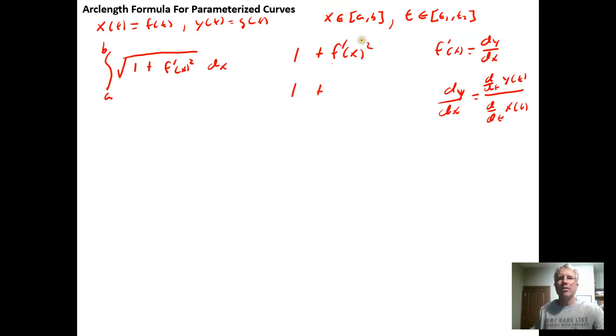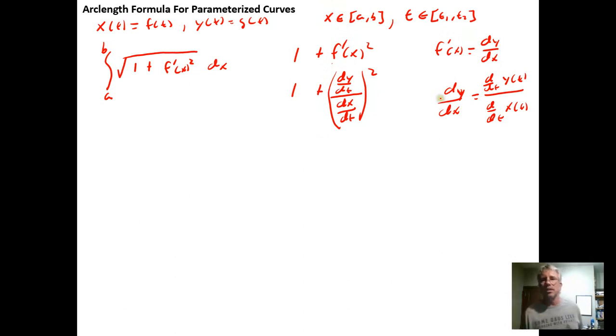I could rewrite this using the parametric form of the derivative as dy/dt, the y prime, in the numerator over dx/dt, and this whole quantity would be squared, because dy/dt divided by dx/dt is dy/dx, or f prime of x. And if we're squaring a numerator and a denominator, we can square the numerator and denominator separately.